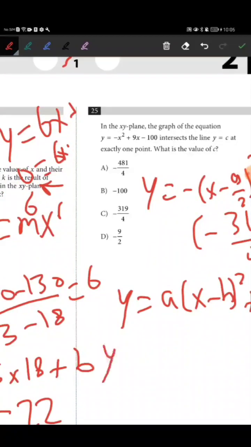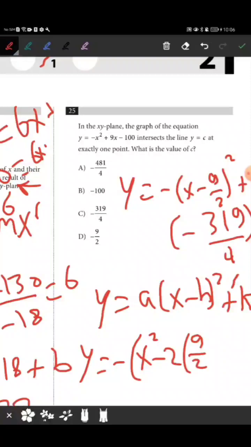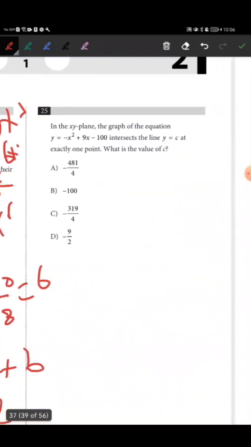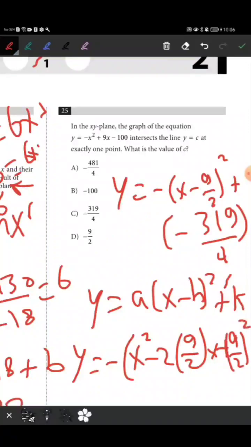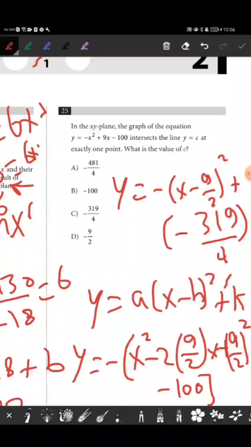So y equals negative x squared minus 2 open brackets 9 over 2 x plus (9 over 2) squared, minus 100, or y equals negative (x minus 9 over 2) squared plus negative 309 over 4, which is the vertex of this graph.